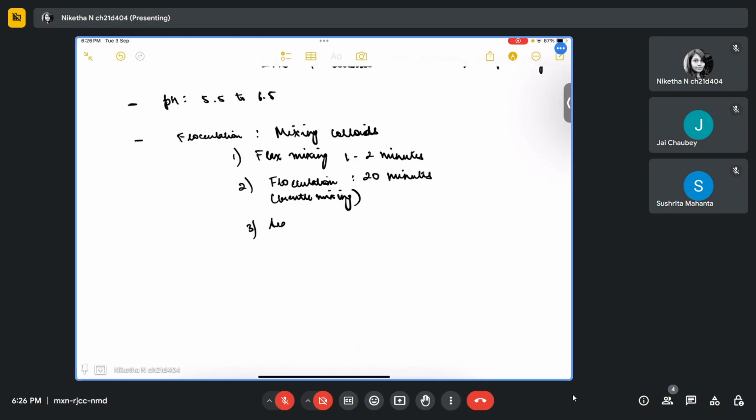So this will be done for at least 3 hours. The sedimentation will be done in tanks known as clarifiers.